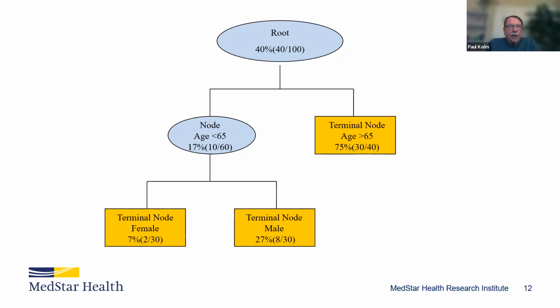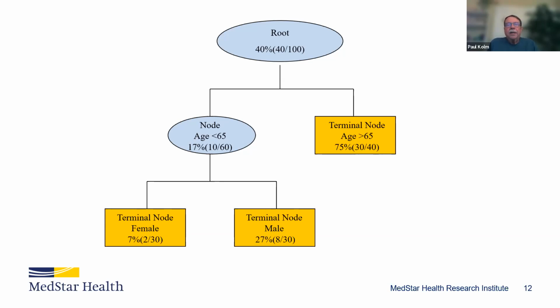In this case, 7% of the females have the outcome versus 27% for males. And when there's no more splitting of the trees, then we call that a terminal node.